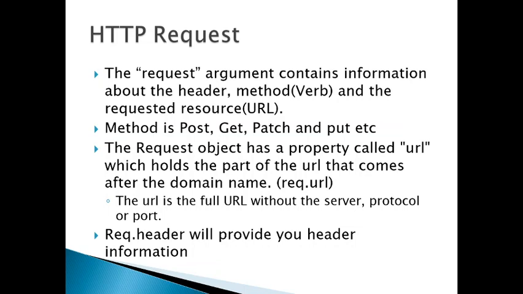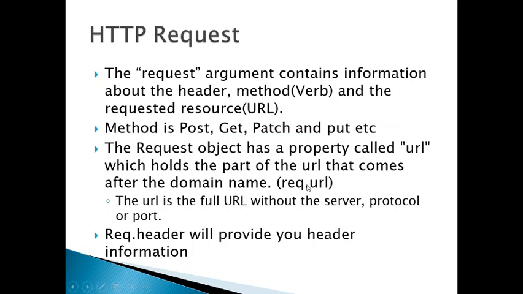The request.header will provide you header information. Here you can see you have two options. If you use the whole words request and response in your callback, like request, response, then you will use the full keyword, like request.